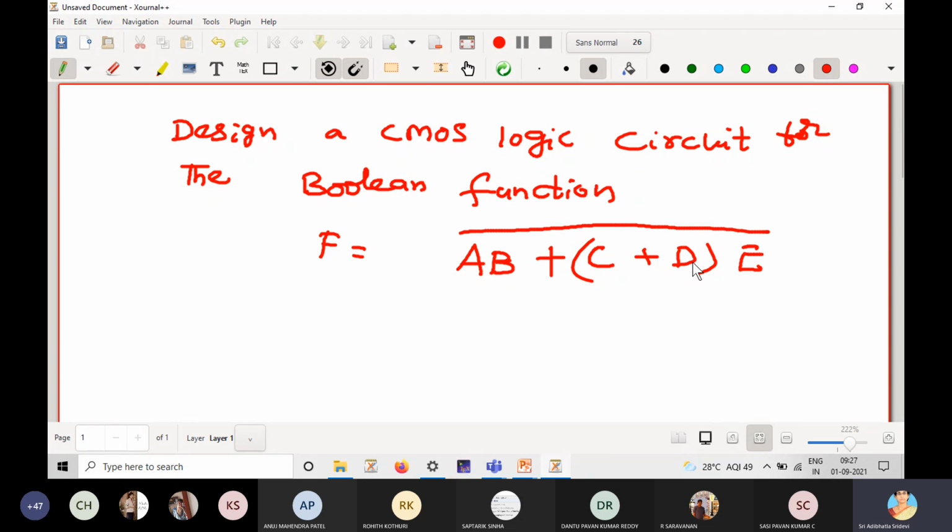You take this expression: F equals AB plus C plus D into E, whole bar.